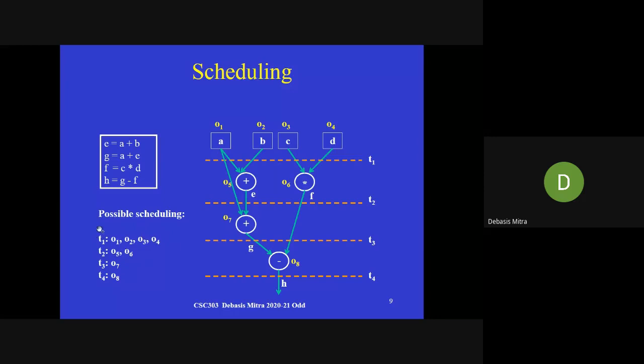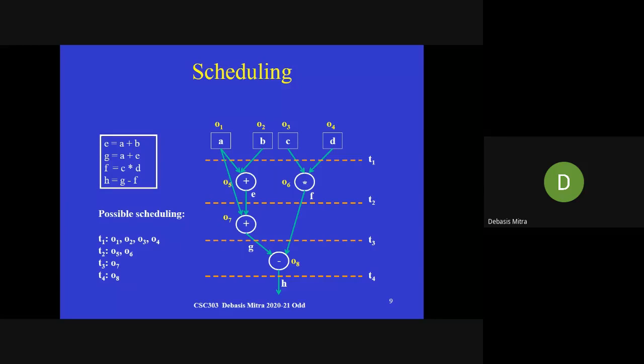So within these levels, the operations can be ordered in any arbitrary order because they are not dependent. There is no dependency between these two operations or these four operations. That is the thing. But obviously, your target would be to find any one. If you can find any one such possible scheduling, then your job is done.